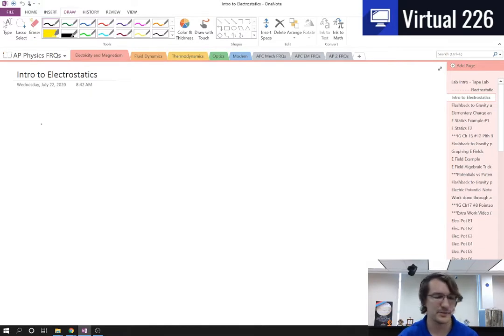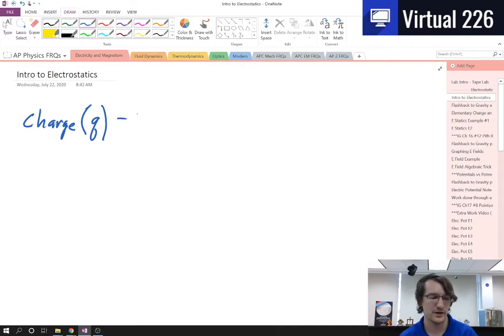But the first thing we need to talk about is just the idea of a charge, okay? So charge, which we're going to use the variable Q to represent, because that makes sense. The letter Q doesn't exist in the word charge at all, but that's fine. And a charge is a quantified amount of either an excess or a lack of electrons, okay?